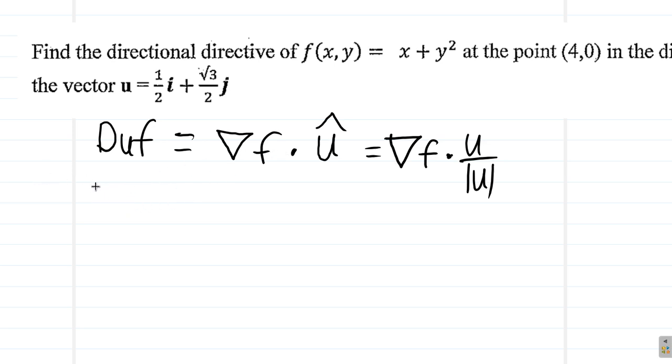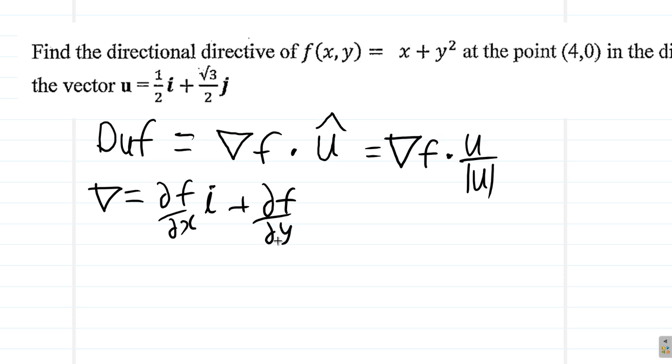The grad f is the partial derivative of f with respect to x in the direction i, plus the partial derivative of f with respect to y in the direction j. We don't have any z here, so we have less work to do.